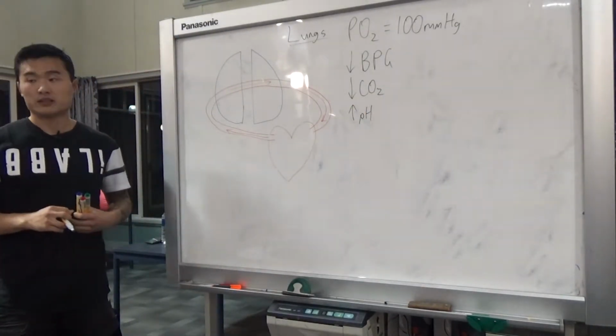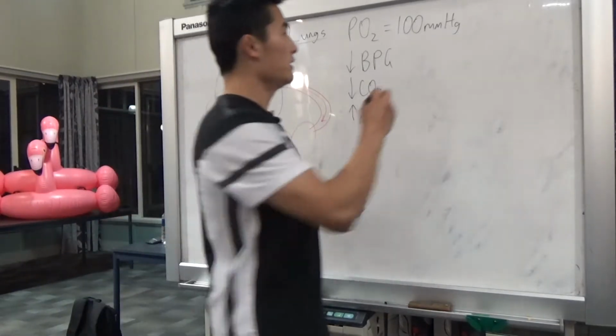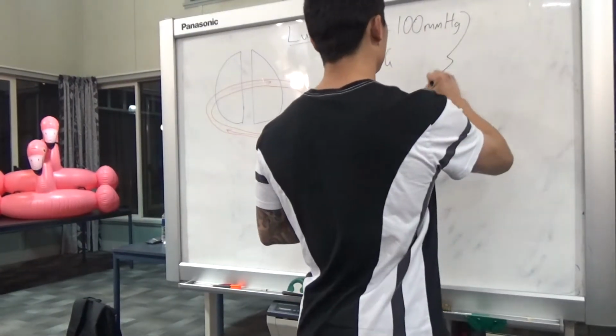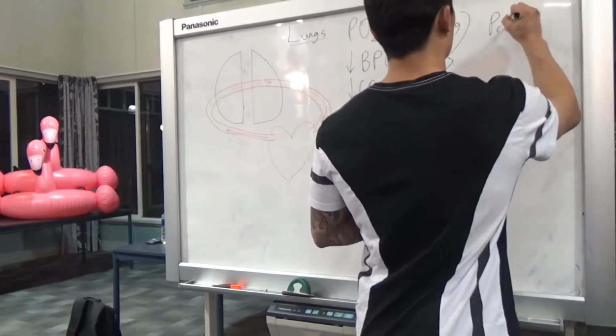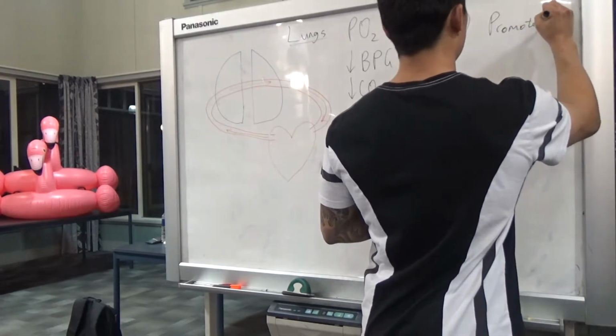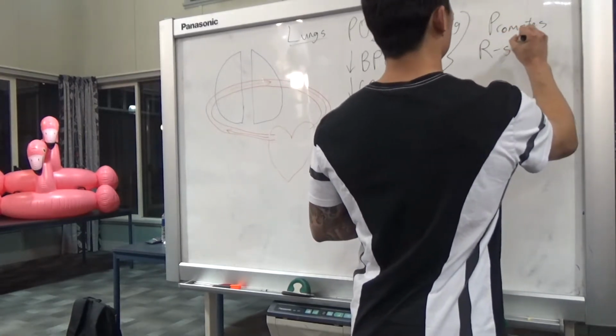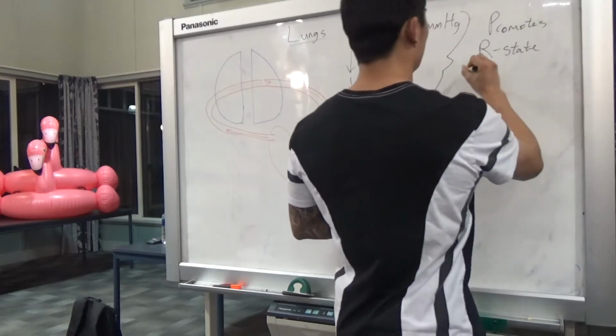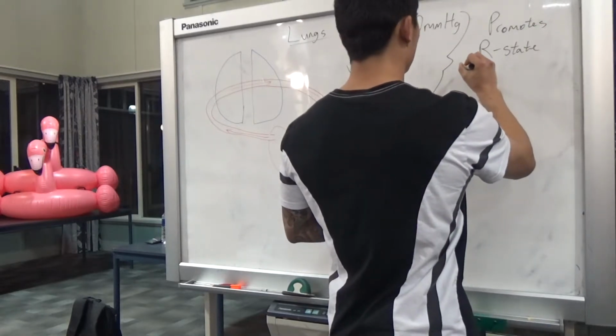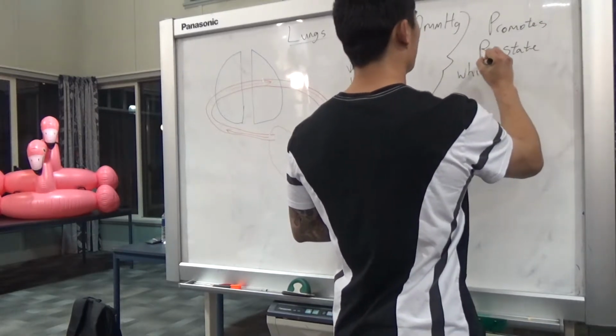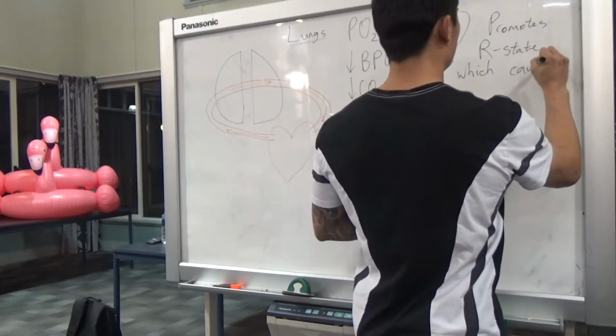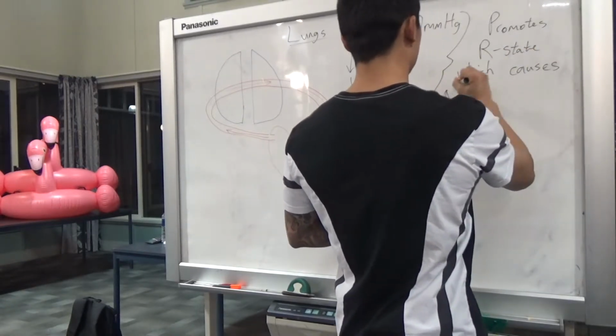Okay, so all of this promotes the R state, which causes a left shift.